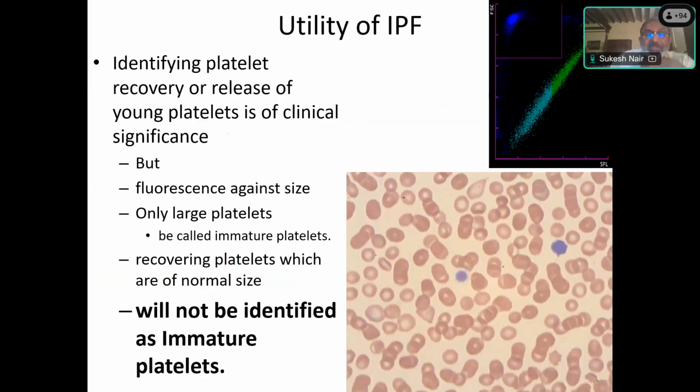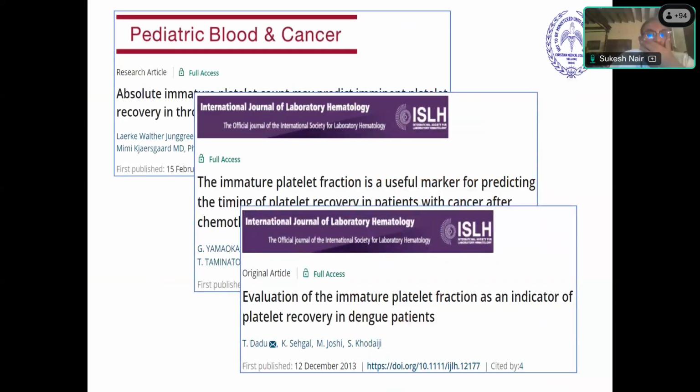There's one paper from India, from Hinduja Hospital, which said that IPF can predict platelet recovery in patients with dengue 48 to 72 hours from the time it goes up. 48 to 72 hours. I've got a father sitting on my head who's telling me that he wants the platelets to come in, whether the patient should get a platelet transfusion or not.